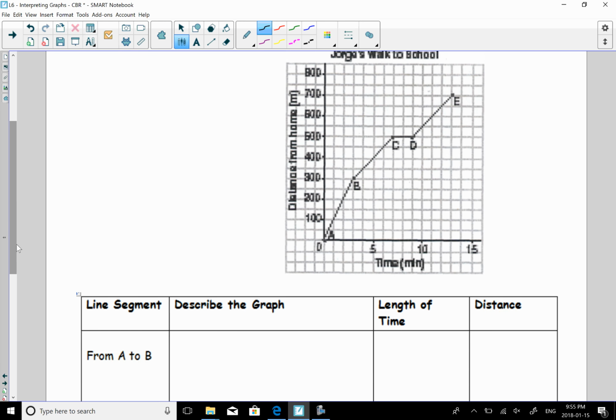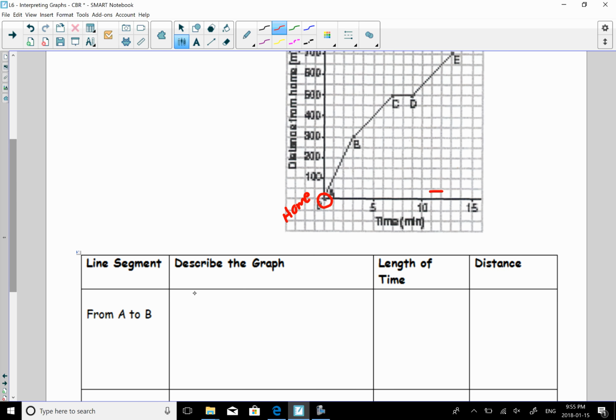So A and B, he's walking away from home. This is his home. And he's going at a steady rate. It's steady because it's a straight line, there's no curves.